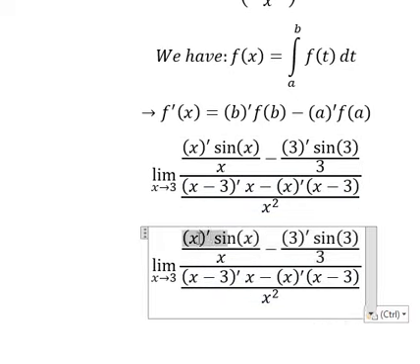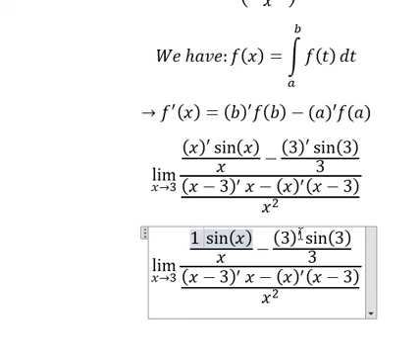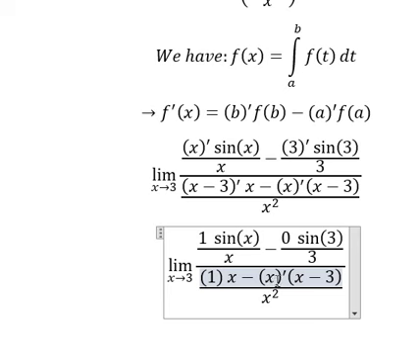So this one we have number 1, this one we have number 0, this one we have number 1, this one we have number 1.